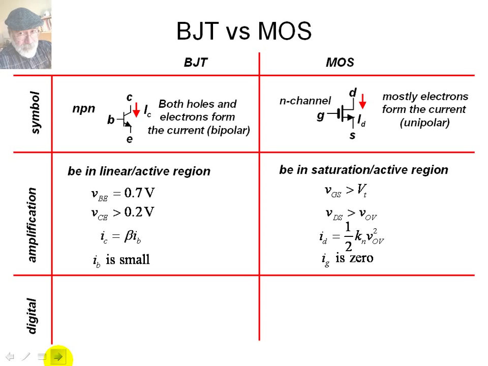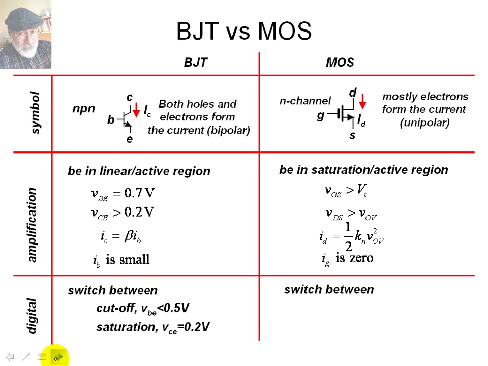Now, if we use those transistors for a digital application, the BJT switches between its cutoff mode, in which the base to emitter voltage is below 0.5 volt, and saturation, in which the collector to emitter voltage is fixed at 0.2 volts, as we saw in our previous term.